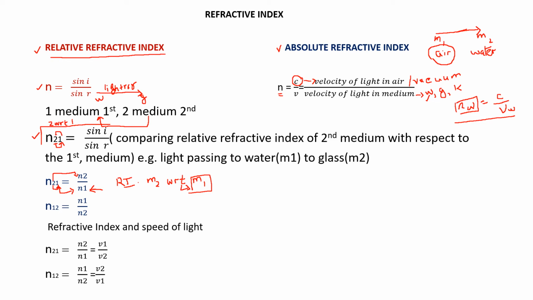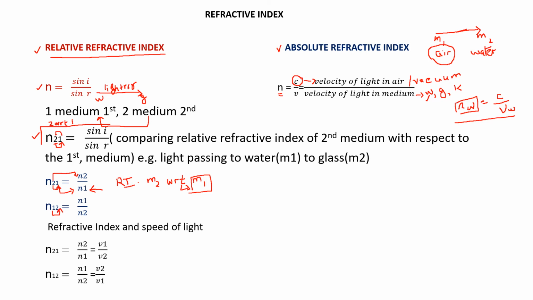Now let us do the second one. Here I am comparing the same two media, but now I am comparing the refractive index of medium 1 with respect to medium 2.